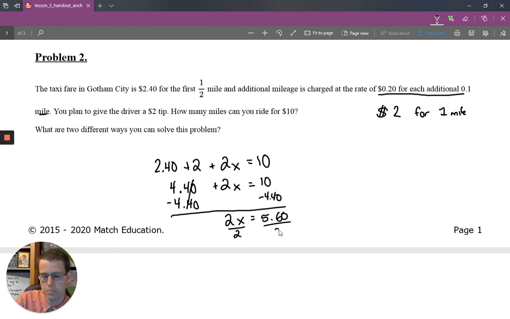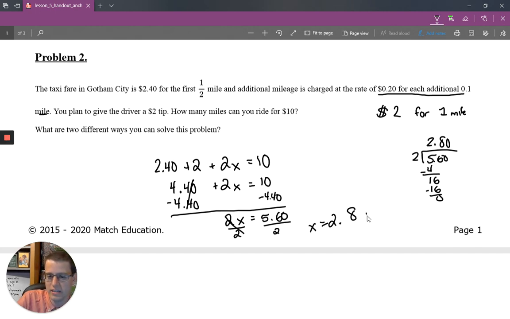Divide by 2 on both sides here. And if you don't have a calculator, you could always long divide, right? We get 2.8, not $2.80. Hello. 2 8/10 miles. But that's the additional stuff.